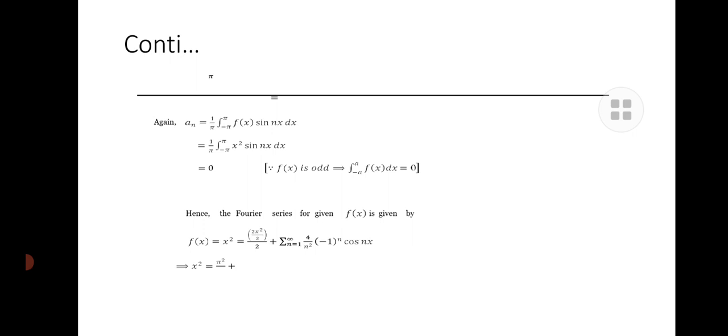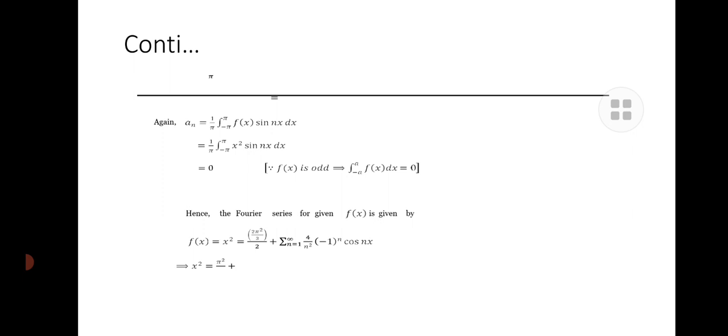By that we get f of x is equal to x square is equal to 1 divided by 2 into 2 pi square divided by 3 plus summation n equals 1 to infinity 4 times minus 1 to the power of n divided by n square cos nx plus 0. So x square is equal to pi square divided by 3 plus summation 4 times minus 1 to the power of n divided by n square cos nx.